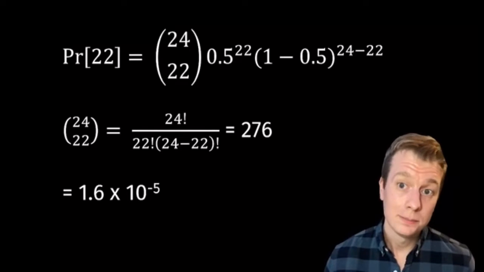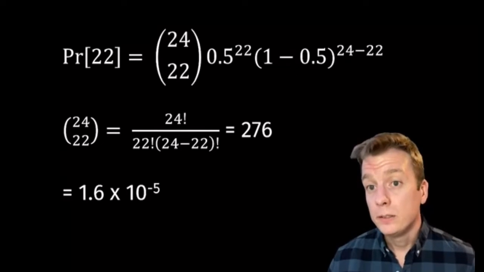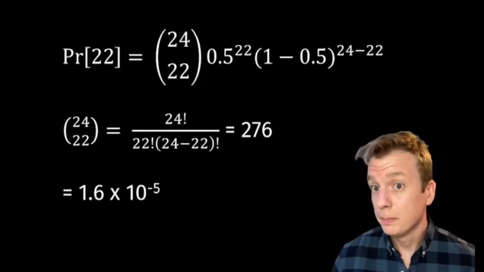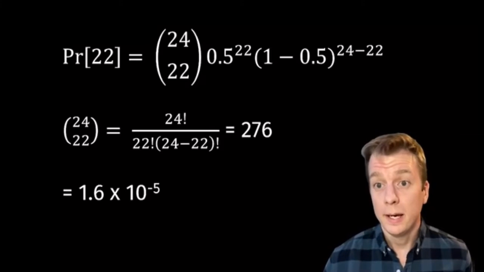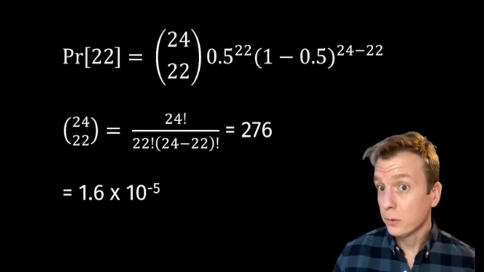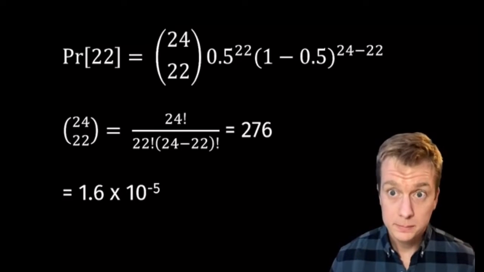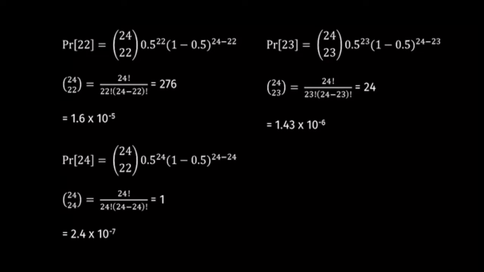However, we're not done. We need to also calculate the more extreme probabilities, that is, the probability of 23 and the probability of 24 northern movements. And I've done out the calculations here for you.